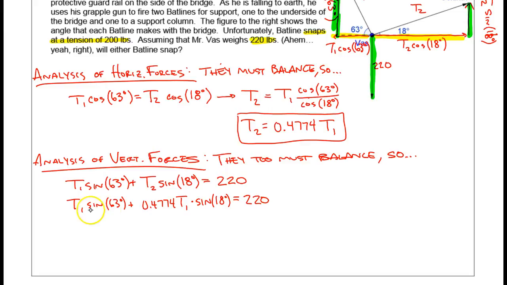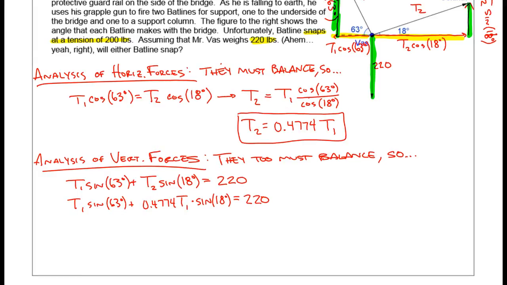Now what I'm going to do is convert this to a decimal and then this to a decimal, and notice how these are like terms. They both have T1 in them, and that's going to result in the following. So the sine of 63 is about 0.8910 times T1 plus 0.4774 times T1 times the sine of 18, which is about 0.3090.